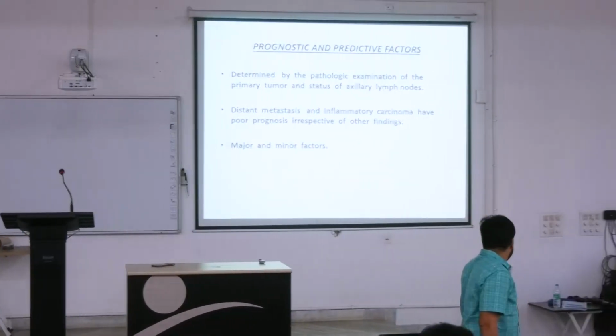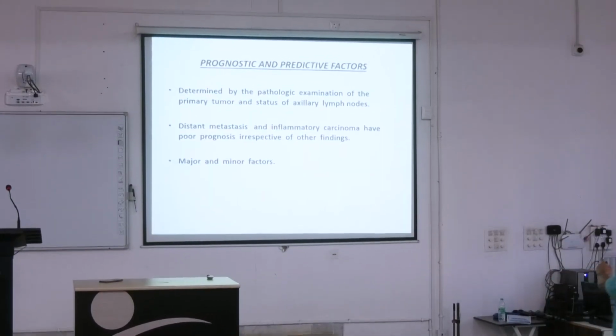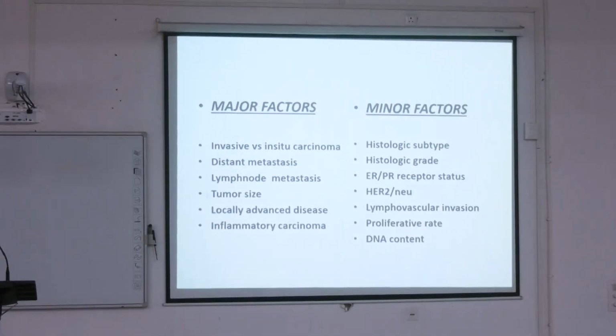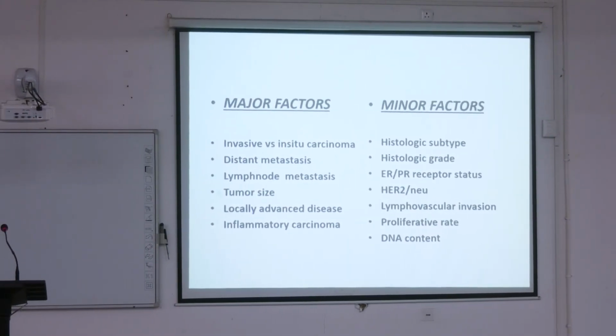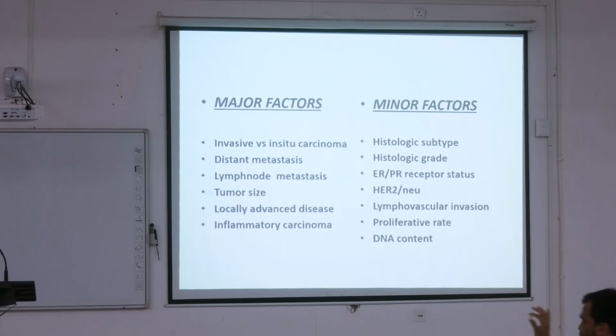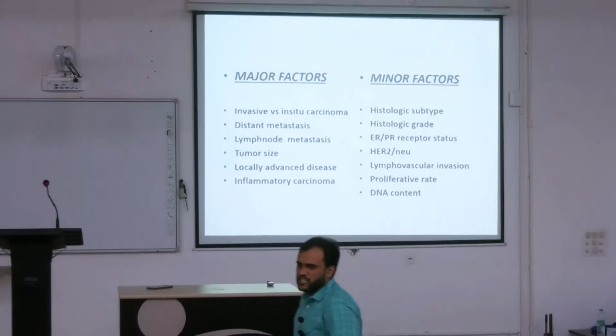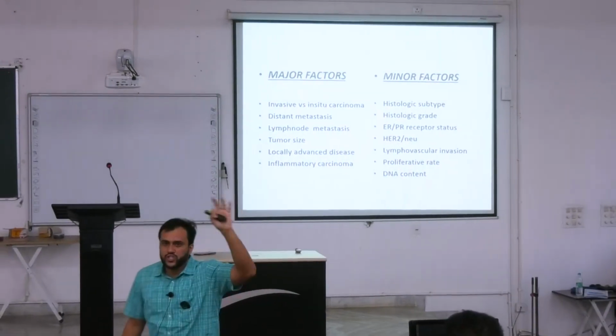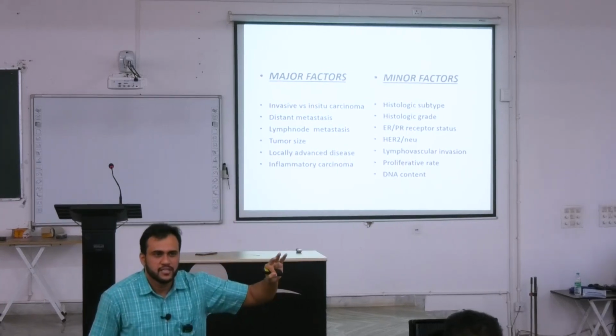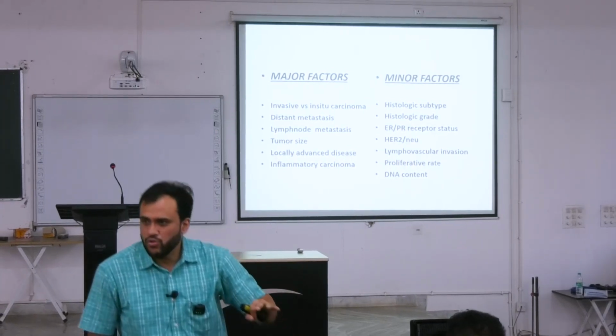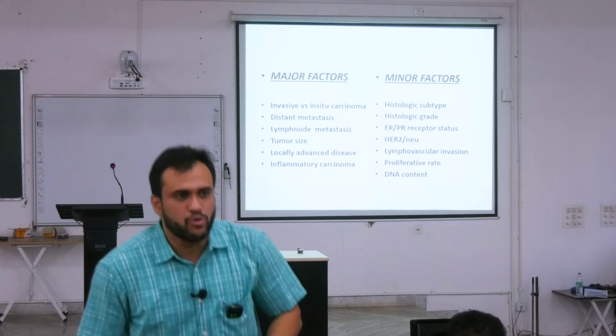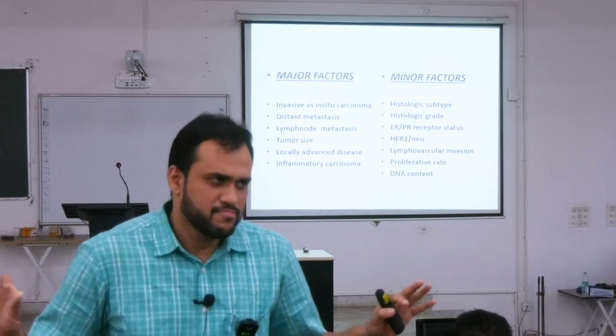Prognostic and predictive factors, we can divide into major and minor. Very important from your exam point of view. Major prognostic factors, definitely you have to know. Invasive versus in situ carcinoma, and you should be able to answer which one has a poorer prognosis. Invasive.